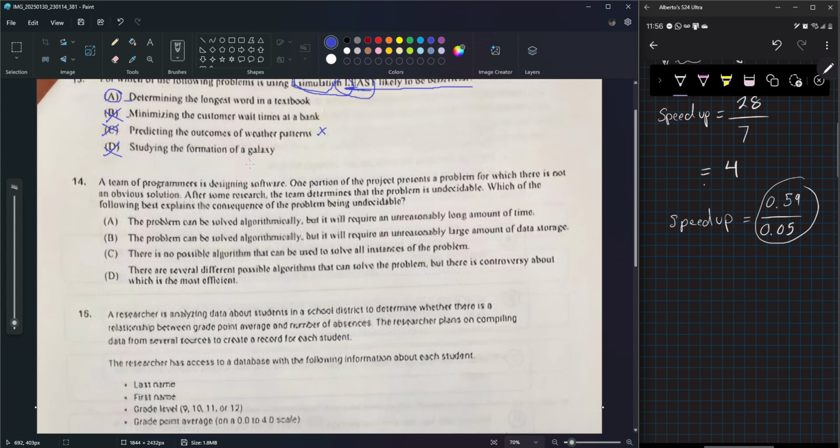A team of programmers are designing software. One portion of the project presents a problem for which there is not an obvious solution. After some research, the team determines that the problem is undecidable. So there is no yes or no answer. Which of the following best explains the consequence of a problem being undecidable?